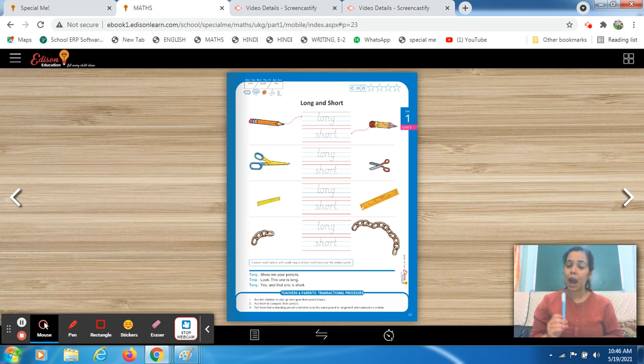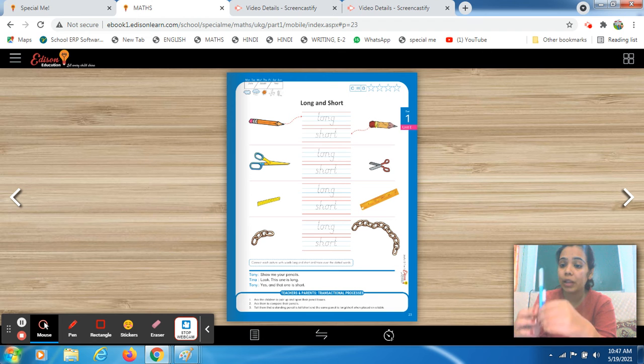short. जब आपको height measure करनी है, two objects हैं, there are two objects and you have to measure the height when they are in standing position. So आप कौन सी term use करते हो, tall and short.